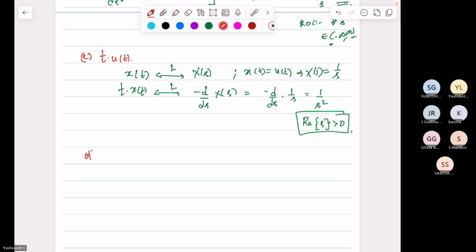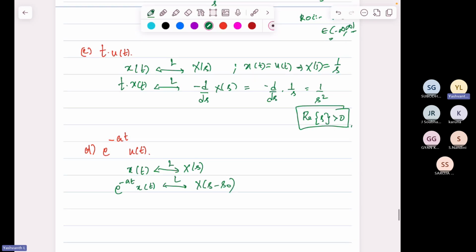Okay. Fourth one, e power minus at into u(t). What is the Laplace transform of e power minus at into u(t) if you know the Laplace transform of u(t)? Same thing again, use the Laplace transform property. If x(t) has a Laplace transform X(s), then e power s naught t into x(t) has a Laplace transform X(s minus s naught).